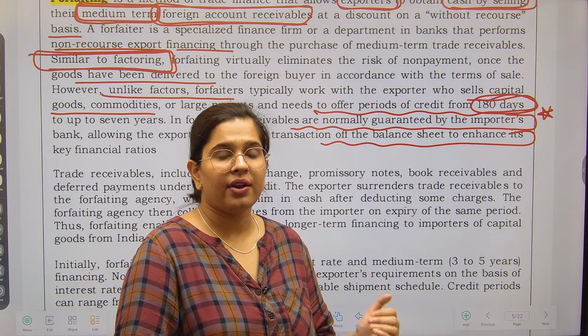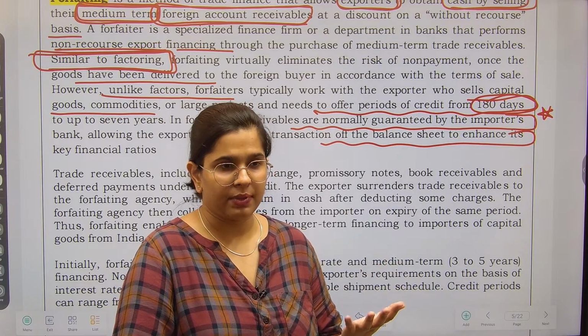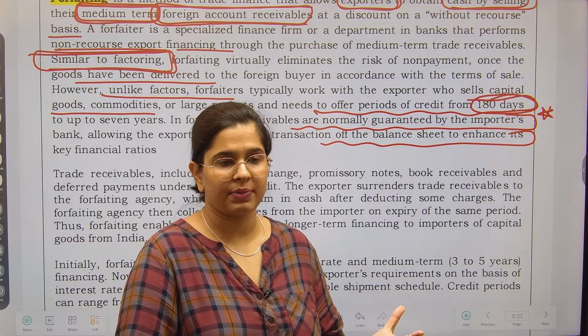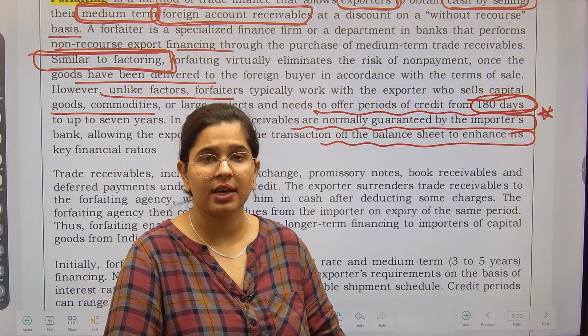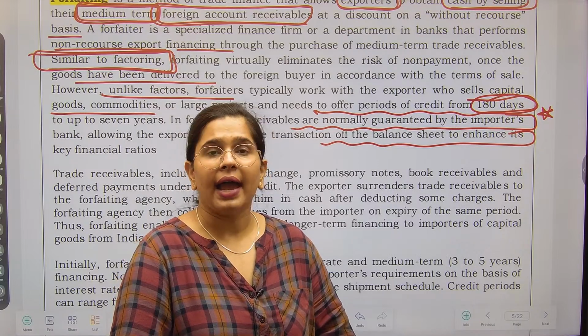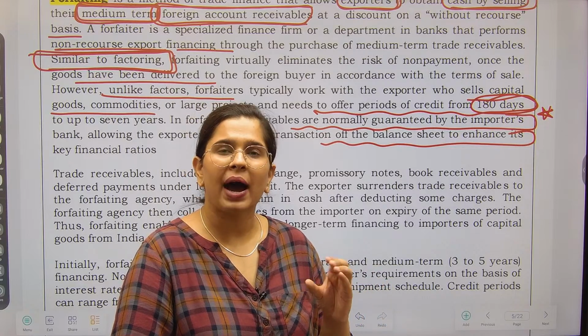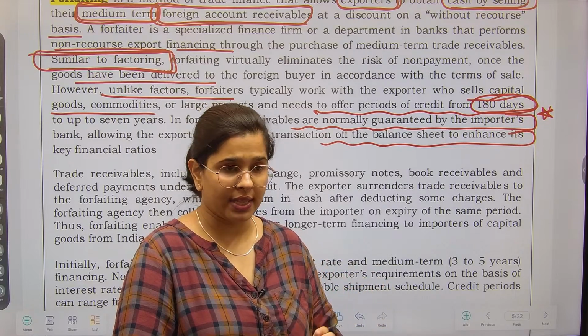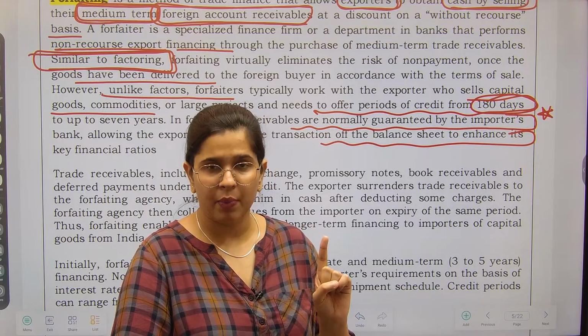Now let's compare factoring with forfeiting. Factoring is a bigger concept. ठीक है, factoring एक बड़ा concept है where both the domestic as well as international transactions are involved. But when I talk about forfeiting, forfeiting is a small part of factoring, that's what you can say. It only talks about international transactions, number one thing.